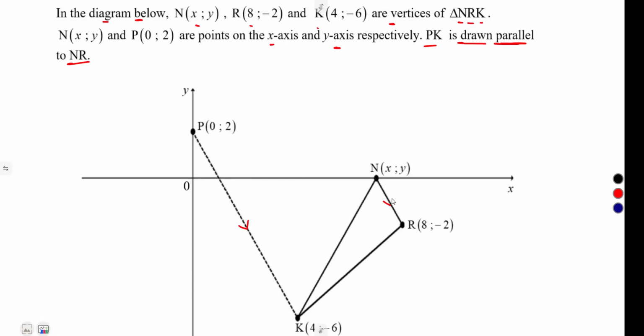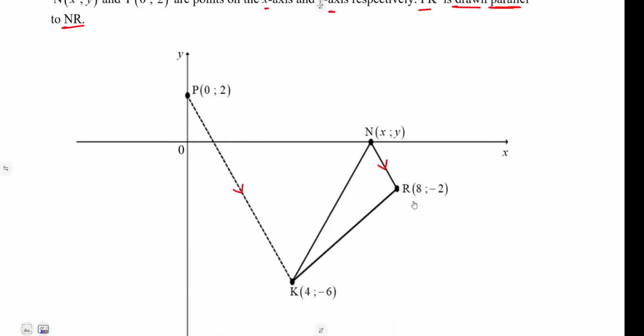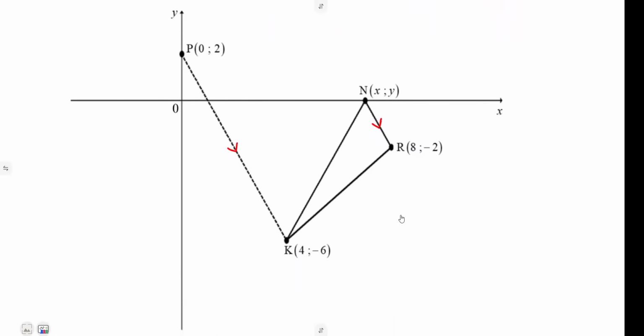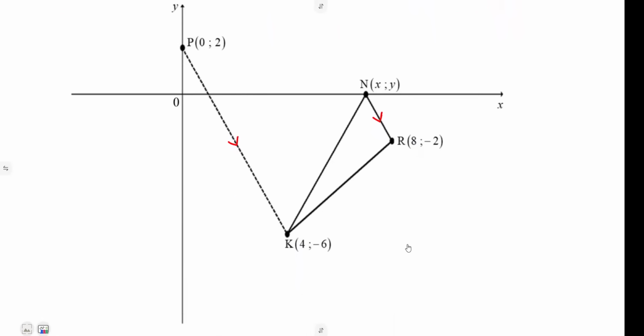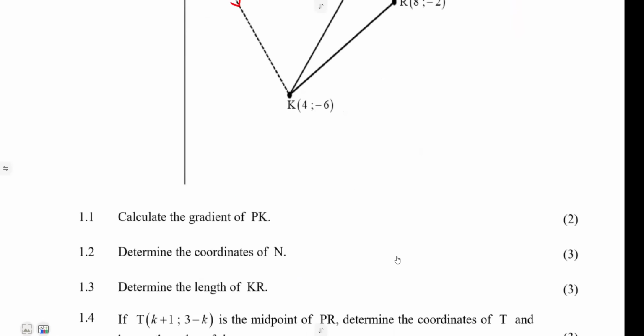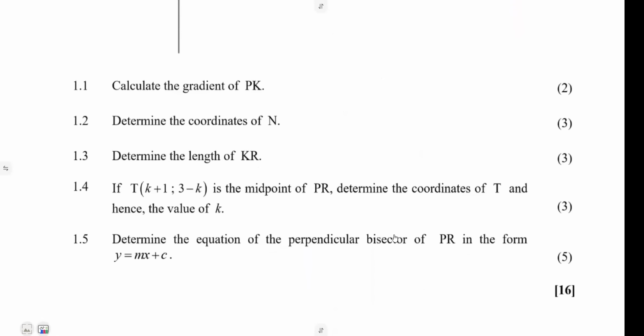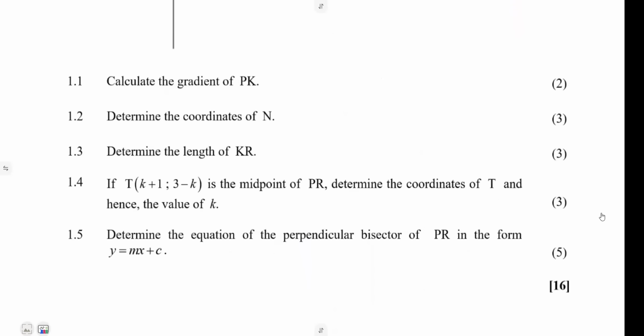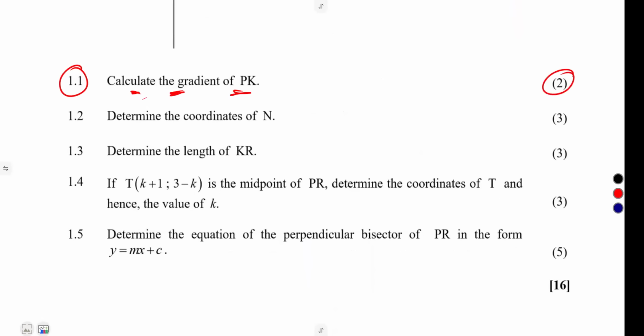So these two lines are parallel, and we are going to consider the properties of parallel lines if it is necessary. These are the questions that we are given, adding up to 16 marks. 1.1: calculate the gradient of PK for 2 marks.